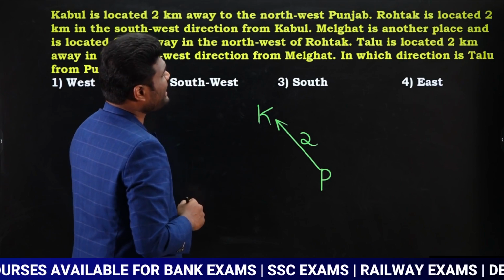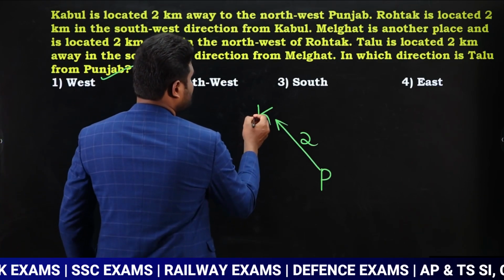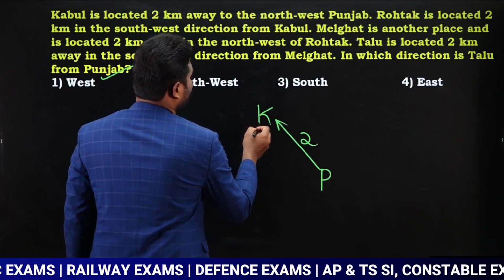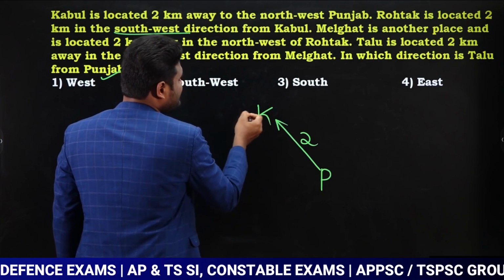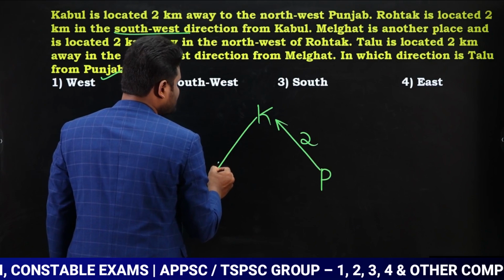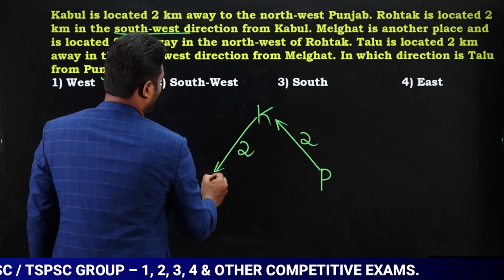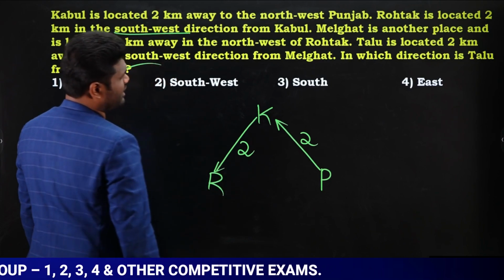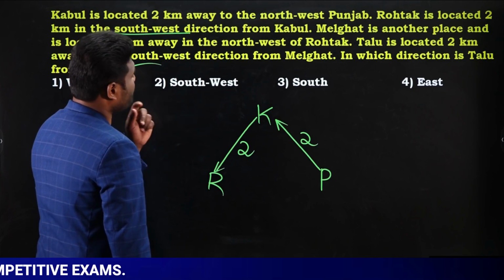Next, Rohtak is located 2 kilometers in the southwest direction of Kabul. This is Kabul. For Kabul southwest, now this is south, this is west. So southwest means in between, yes or no? For Kabul southwest 2 kilometers, what is located? Rohtak is located 2 kilometers in the southwest direction of Kabul.